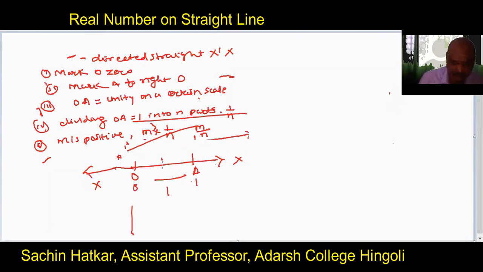And this is 1 by 2, a rational number. This is 1 by 3, 0.3. Here is 1 by 3, suppose. This is one rational number, this is two rational number. If we take 5 by 2, 5 by 2 is somewhere like this. This is a rational number.